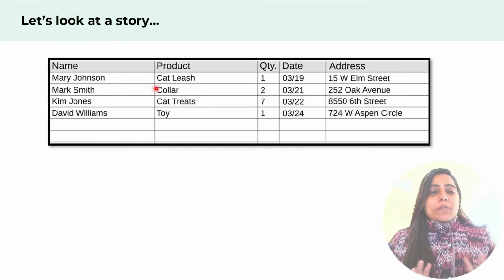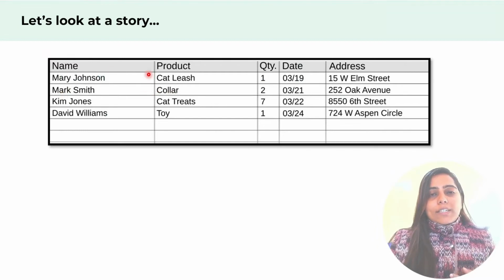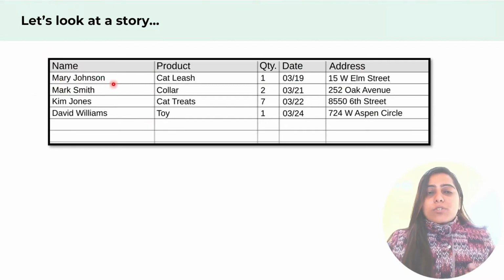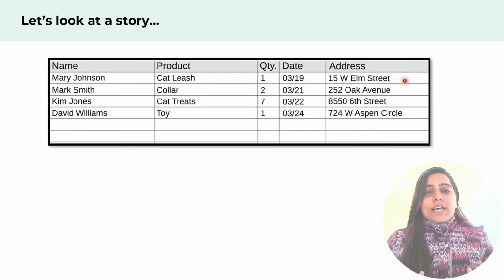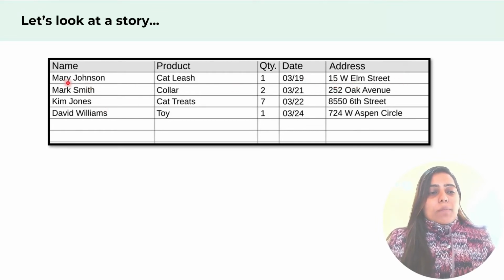So what will people do if orders start coming in? They will make a spreadsheet. For example, your customer is Mary Johnson. The product she is buying is cat leash. Quantity is just one, and the date of her buying, and also the address at which she has asked you to deliver it. Mark Smith, Kim Jones, David Williams, and so on.